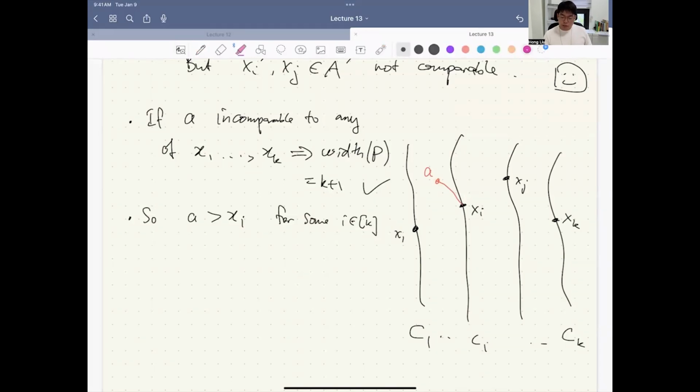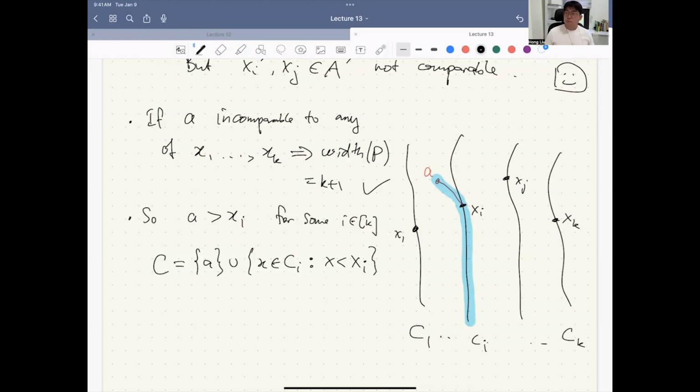Now we consider this chain. You look at A and the bottom segments of this chain, Ci. Now let C be this chain, A union all the x in Ci where x is less than xi, including xi itself.